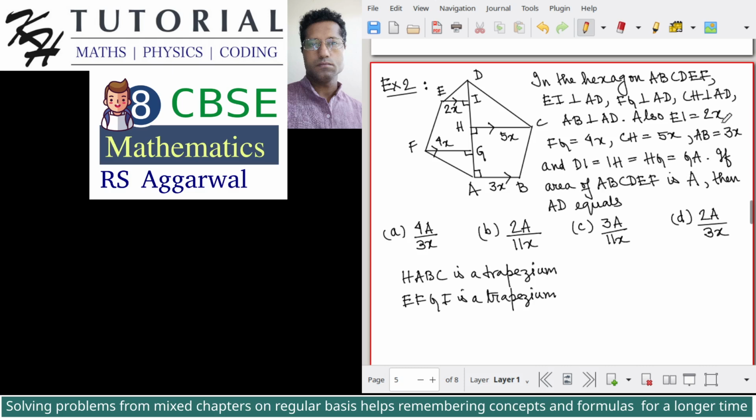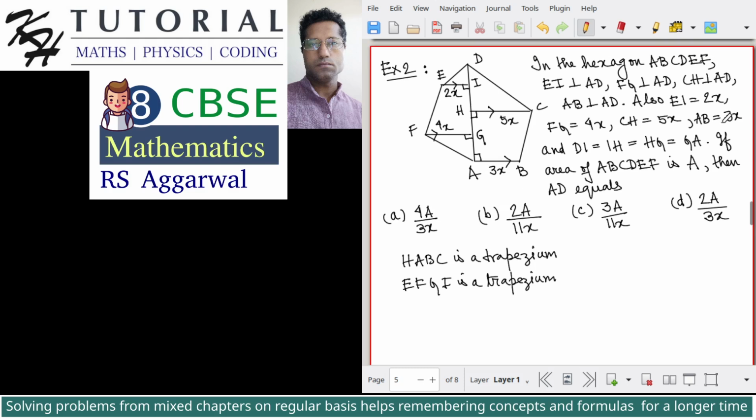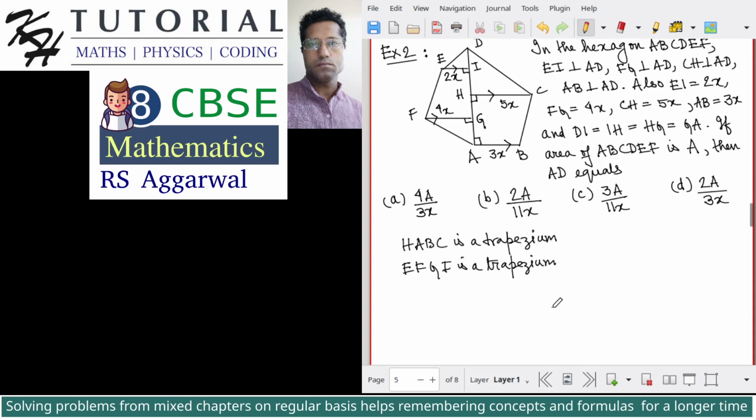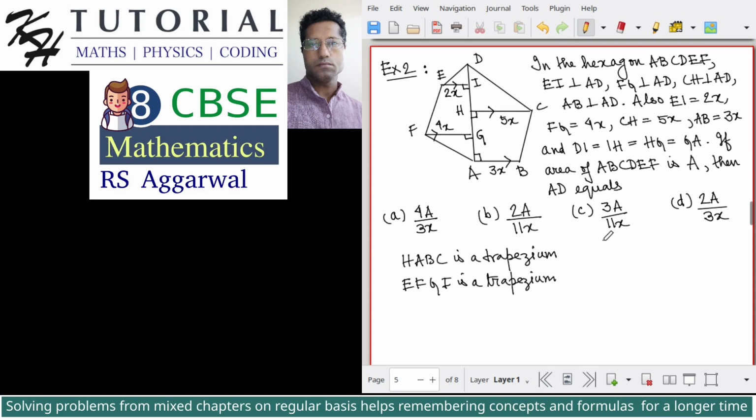So since DI is equal to IH is equal to HG is equal to GA, please note that it is given, we know that AD is equal to DI plus IH plus HG plus GA. Also it is given that DI is equal to IH is equal to HG is equal to GA.